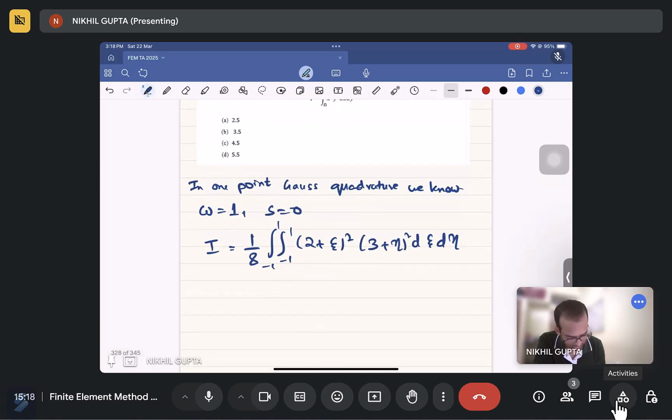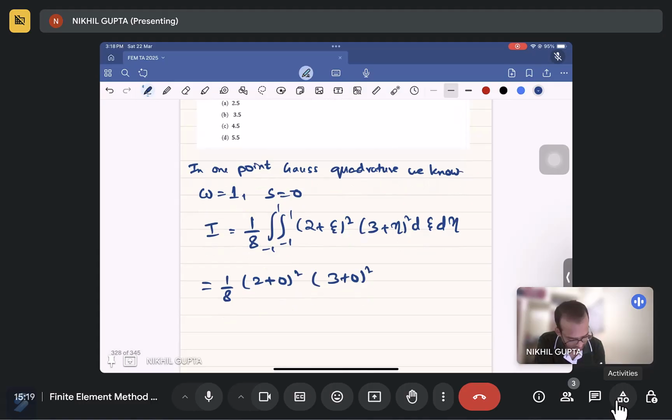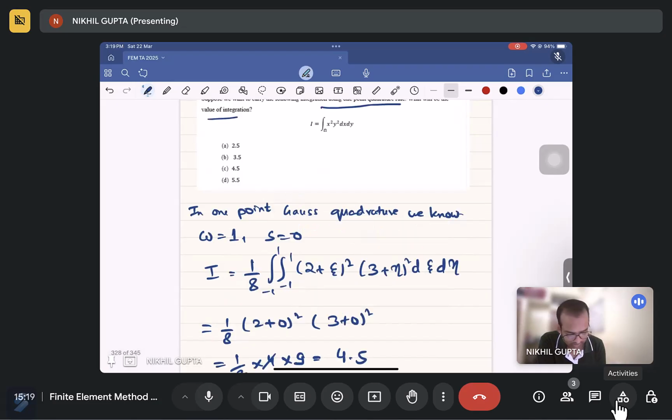Now what we can write? We can write this at 0 0. So this will be 2 plus 0 whole square and 3 plus 0 whole square. So this is 1 by 8 into 4 into 9. So you will get 4.5. So answer is C part.